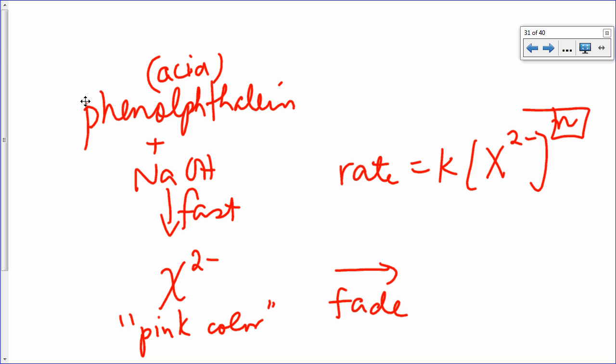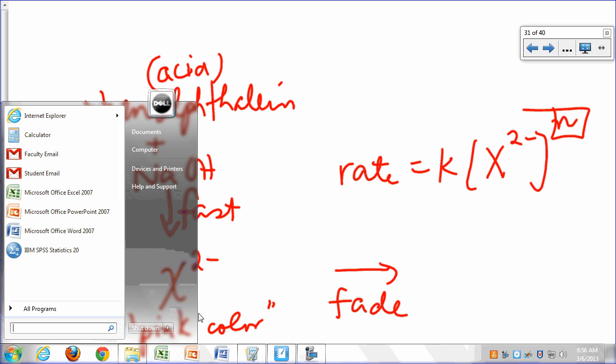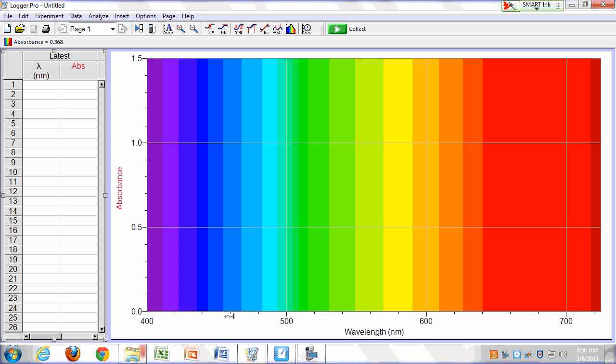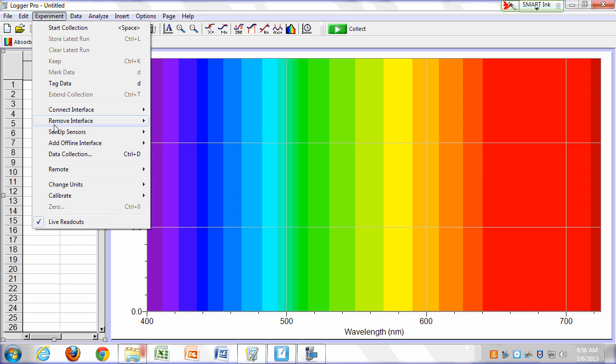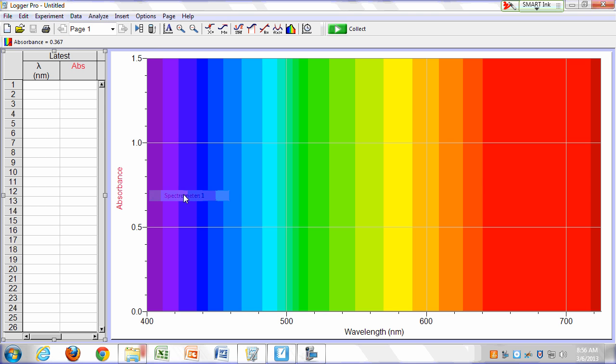So I'm going to put some more sodium hydroxide in another cuvette. Here. Let me calibrate this cuvette first. First thing is I need to calibrate my spectrometer.